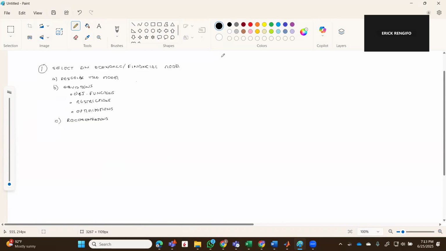So this part here, guys, is going to be in Word, a document in Word. And then what I need from you is to create your MATLAB file for the model that you have created. For this, I need an M file or M files.